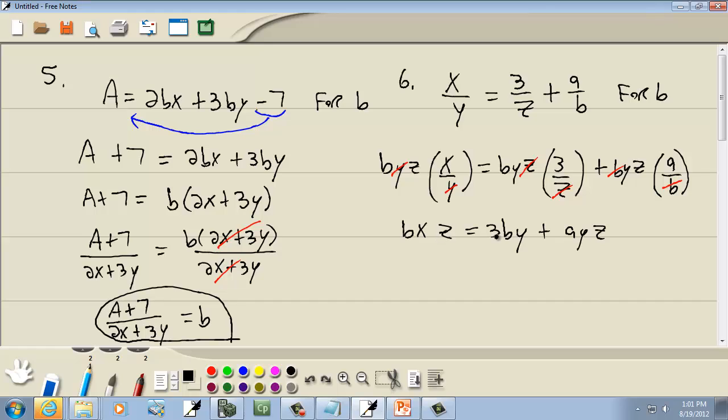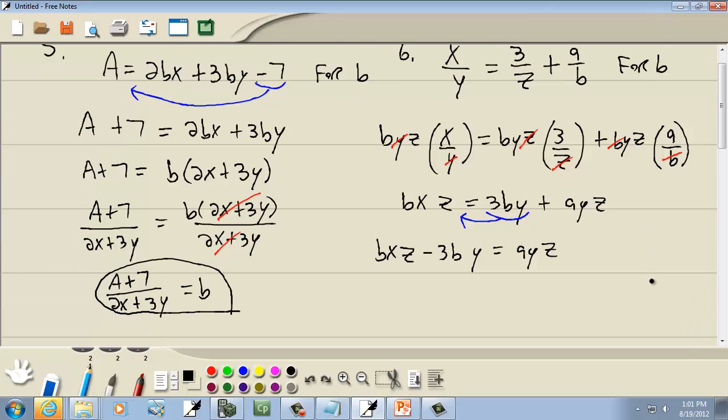Third step is get everything with the variable you're solving for on one side, everything else on the other side. We're solving for b as in Bill, so I'm going to take the 3by to the left side, and I got bxz minus 3by equals ayz. So we got everything with a b on the left side, and everything else over on the other side.